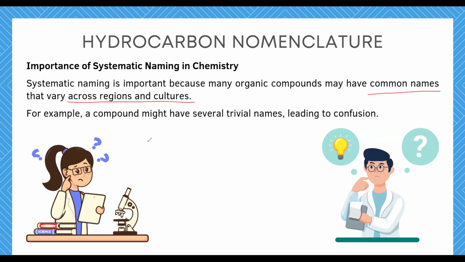For example, in one state, they might be naming salt sodium chloride, NaCl, and then in another state, they might decide that no, we don't want to call it sodium chloride, we want to call it another name. By so doing, there will be confusion everywhere because they have not all agreed on one single name to give to one compound. So that is why this system is very, very important. Are you there?